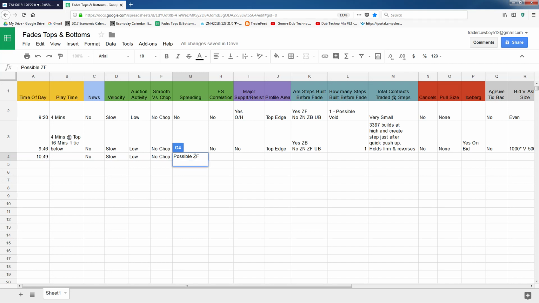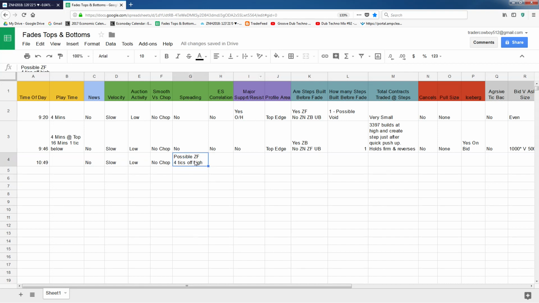The ZF is, what did I say? 1, 2, 3, 4. 4 ticks off high. TN is off the high too. 1, 2, 3, 4. Yeah.